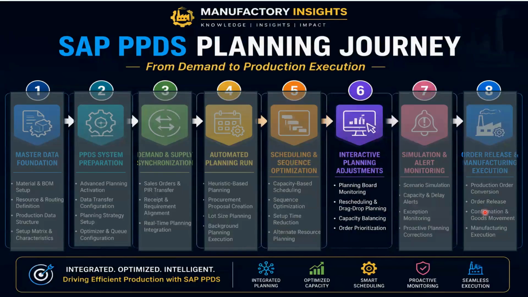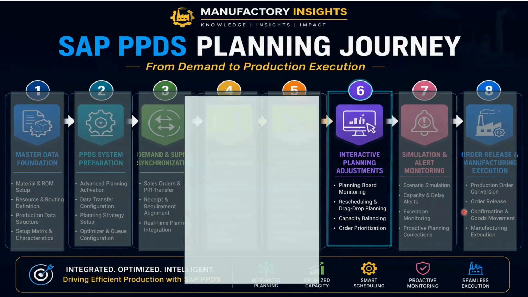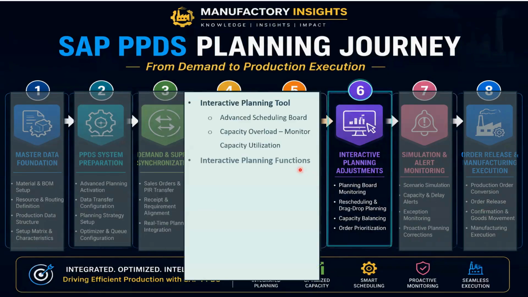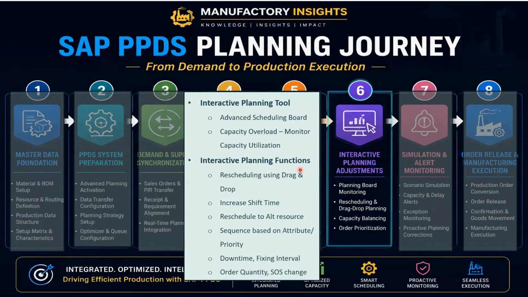With this section, let's move to the next topic, that is interactive planning and adjustments. Until the last slide, the planning and scheduling can be performed manually or in the background.